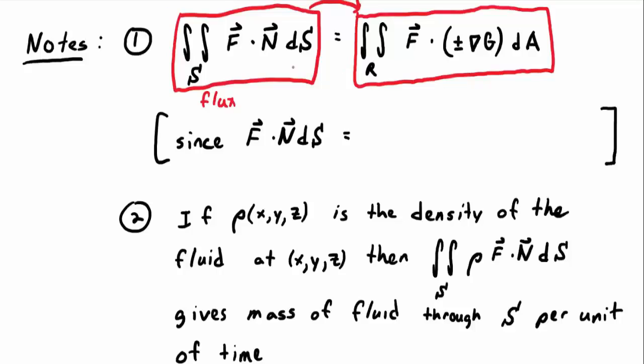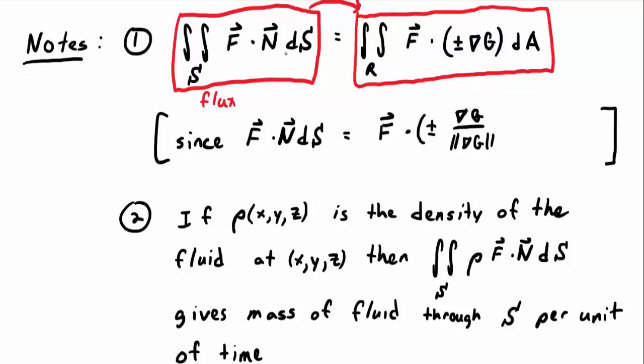Well, okay, if you go back up and look at del G and look at what dS is, you'll see that if you express n as del G divided by its magnitude, right? n has to be a normal vector.